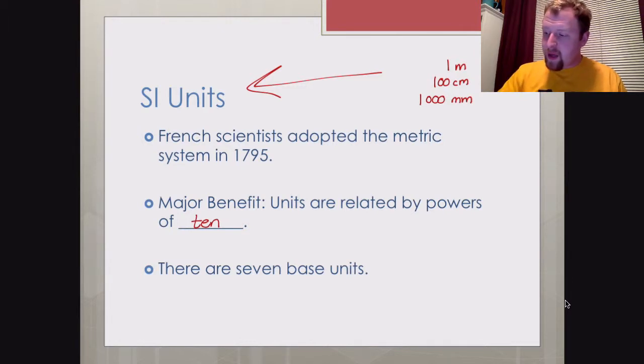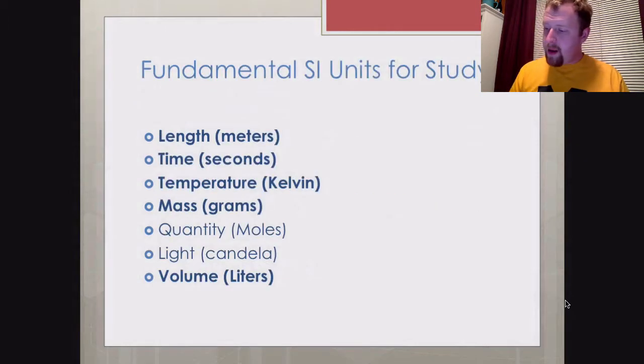Now, there are several standards that we're going to be looking at. There are 7 base units primarily in the metric system. We won't be using all of them, but I'm going to talk through many of them today. The units we're going to be primarily focused on are the ones I've put in bold for you. Length is going to be really important. Time is going to be really important.